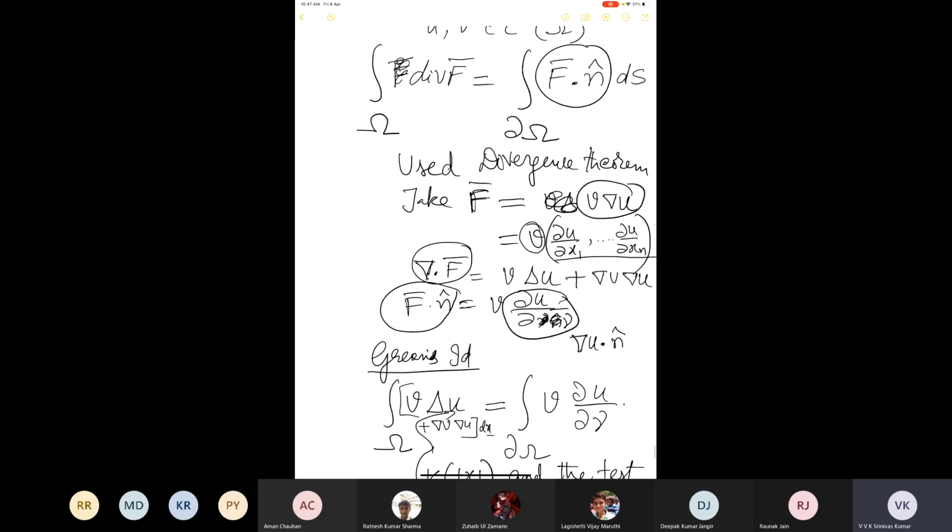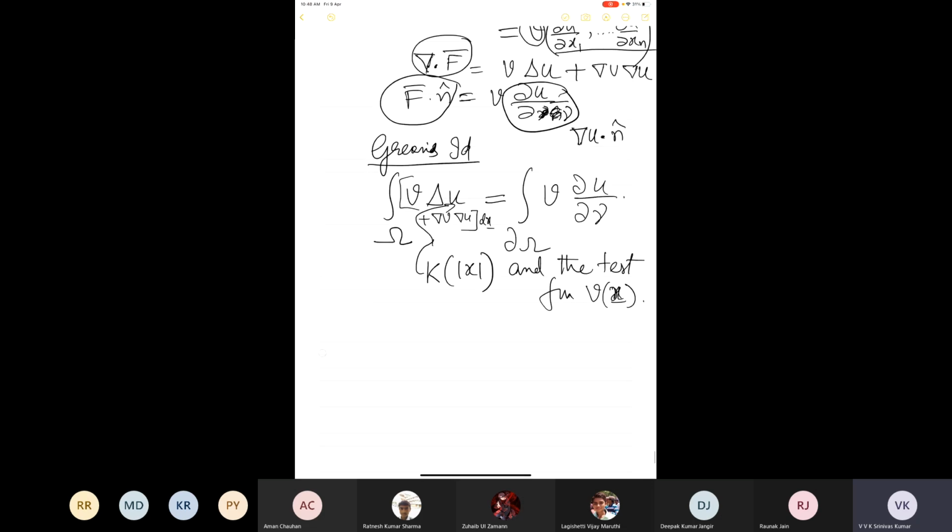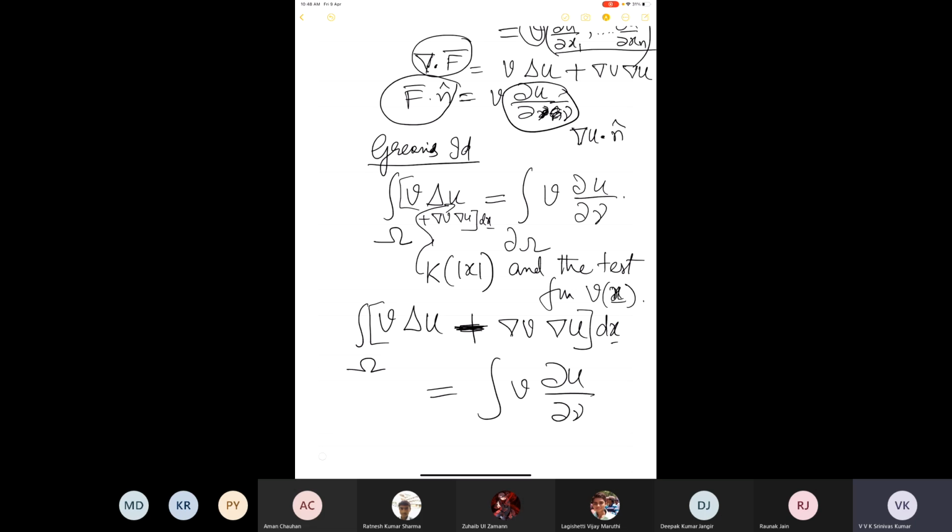If I interchange this function, one identity is: integral over omega of V Laplacian of u plus grad v dot grad u dx is equal to integral of v del u upon del nu.